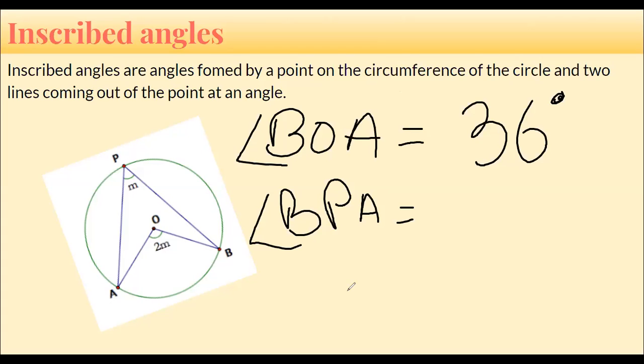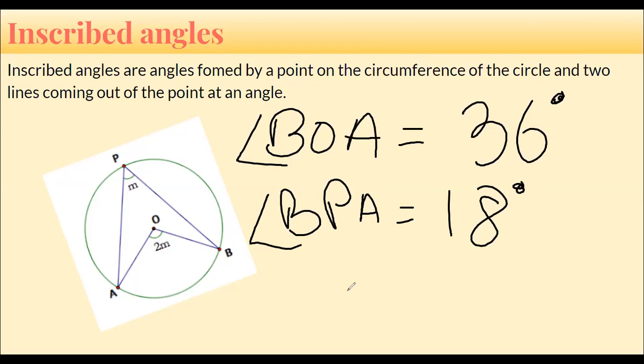If they have these two sides of an angle, the arc between them is the same, right? So the concept is that the angle at the center is twice the measure, in degrees, of the angle which has a point on the circle. So BPA would be 18 degrees.